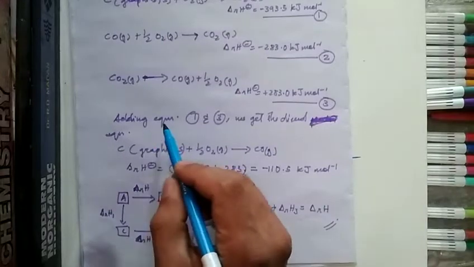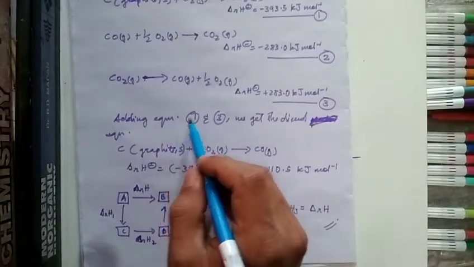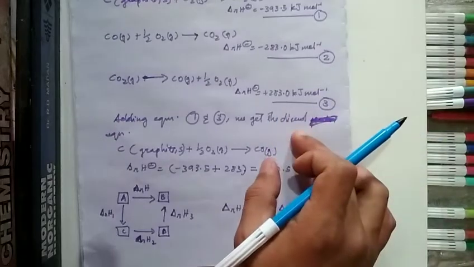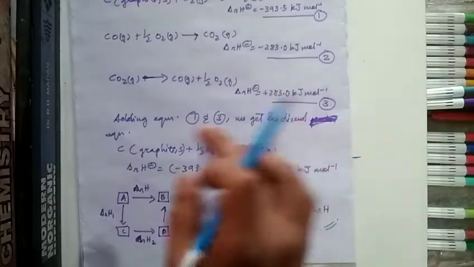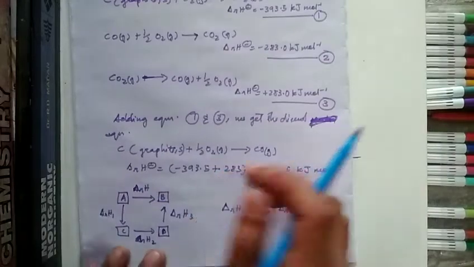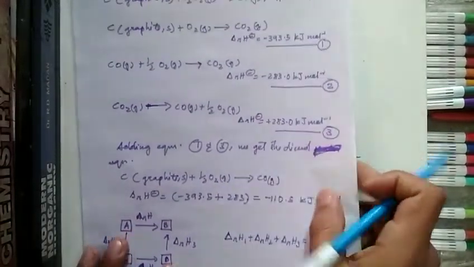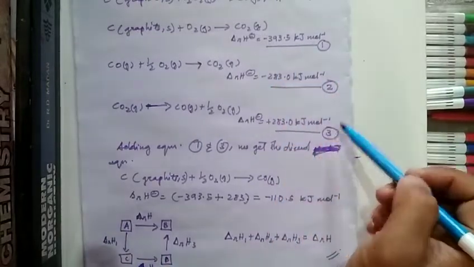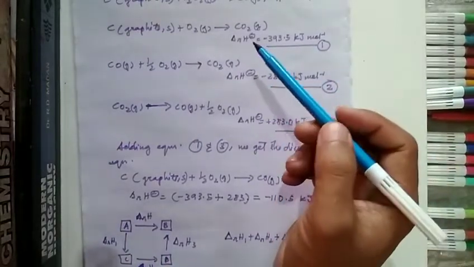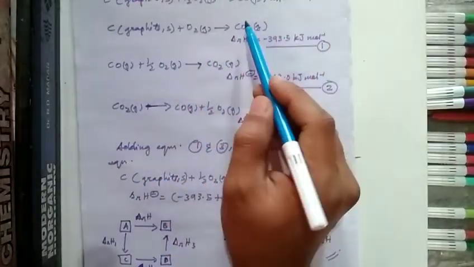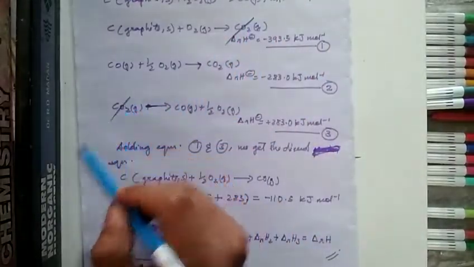Now we add equation 1 and equation 3, and we will get the desired equation. So just look at equations 1 and 3. For simplicity, I've not done the addition here, but we can just cancel this one.